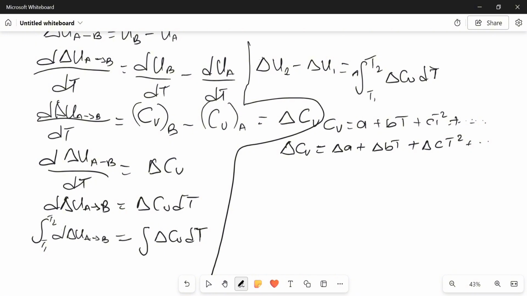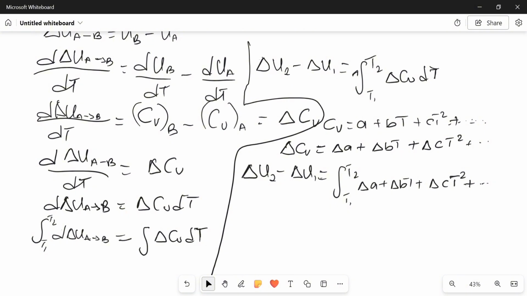So we can write change in U2 minus change in U1 equal to the integral from T1 to T2 of change in A plus change in BT plus change in CT square and so on and so forth.